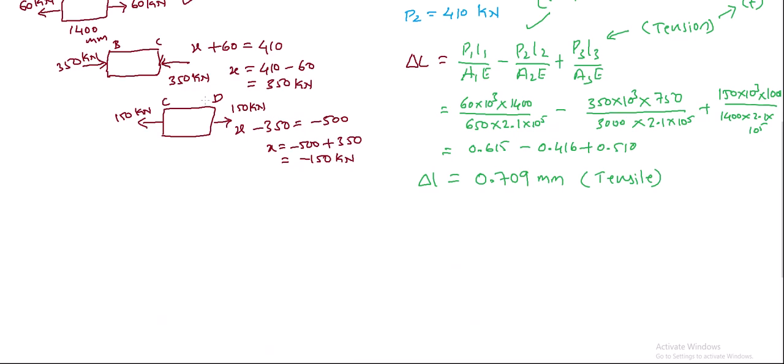So P2 that we have calculated, so the result: P2 is equal to 410 kilonewtons, and the total elongation is equal to 0.709 mm, which is tensile force or tension you can write. So this is the result from the given data.